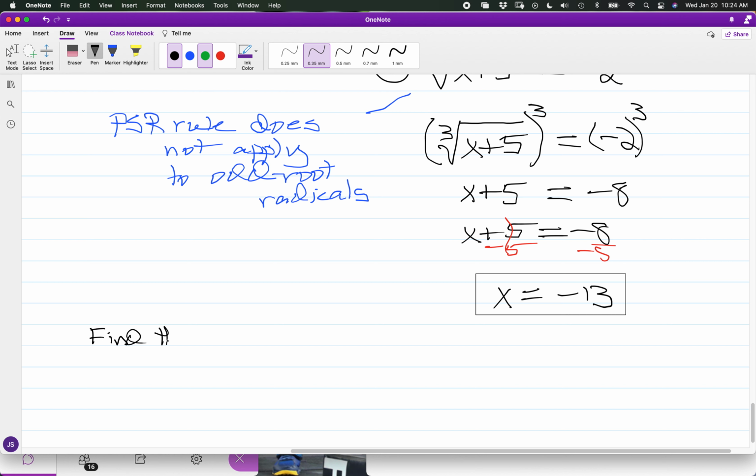Or find the solution, if any, to x. Okay. And we'll say just for the items here, that we have x is equal to the square root of 400.